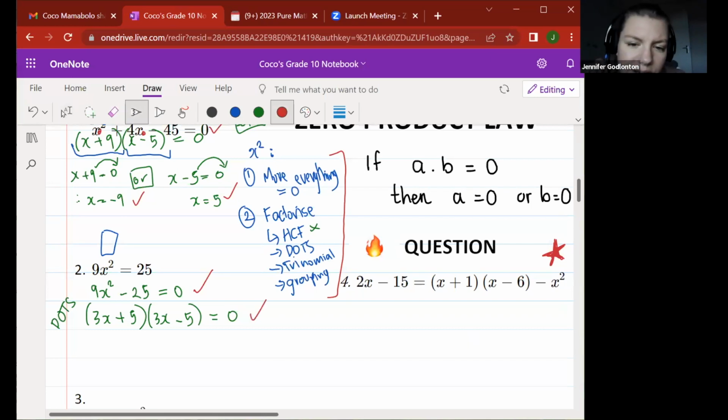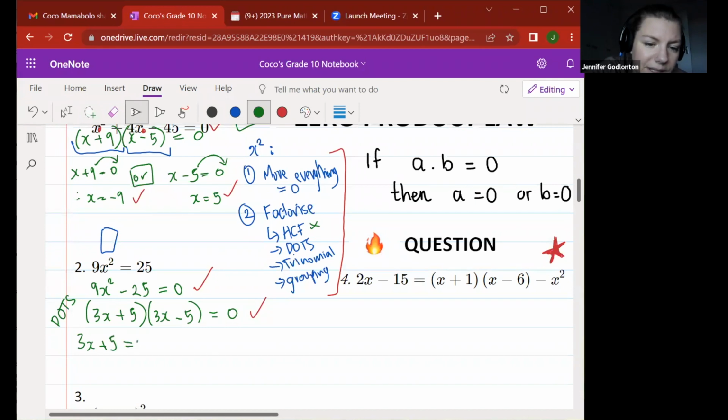Then I want you to give yourselves a mark for doing a difference of 2 squares. Now that we have these 2 brackets equal to 0, we can say this equals 0 or this equals 0. So we're going to say 3x plus 5 is equal to 0, or 3x minus 5 is equal to 0. If you got to that step there, I'd like you to give yourselves a tick.